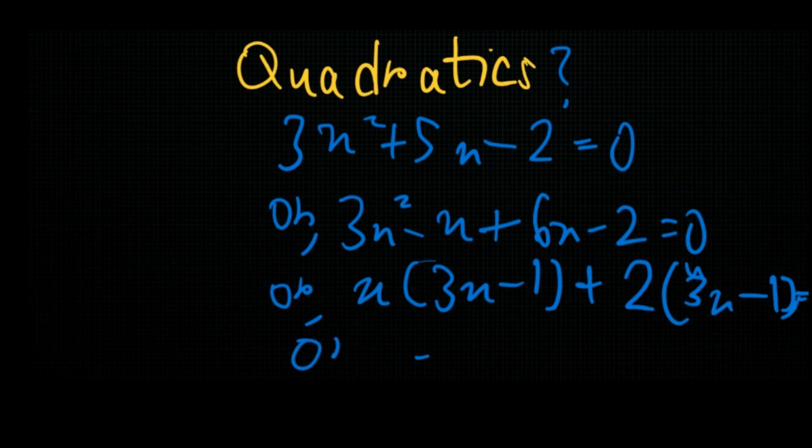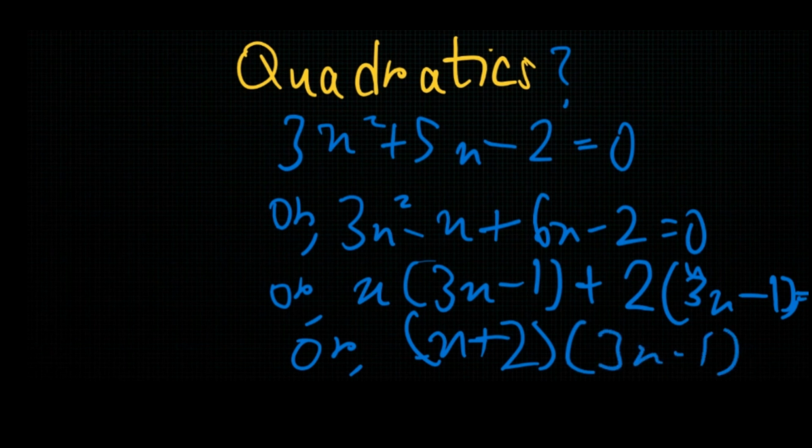So now let's combine 3x minus 1 and 3x minus 1 into one group, one unit, and combine x plus 2 into a group. X plus 2 should be times 3x minus 1.